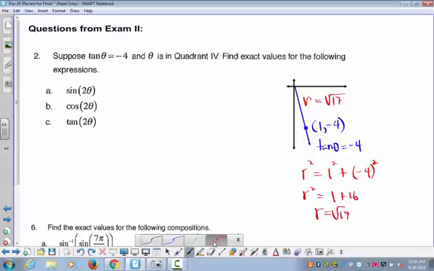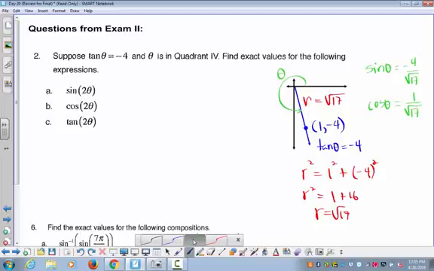Okay, so now this is giving us a lot of information about angle theta. Sine of theta is equal to -4 over root 17. Cosine of theta is equal to 1 over square root of 17.